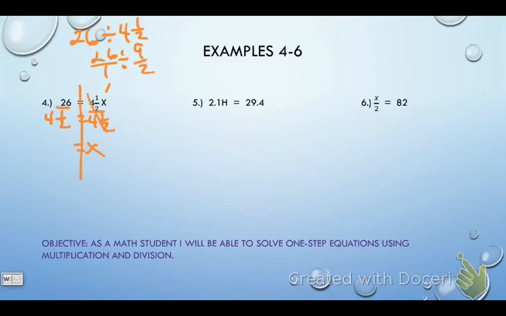And remember, when we divide, the last fraction gets written as a reciprocal. So we would actually have 26 times 2 over 9, which would create 52 ninths.